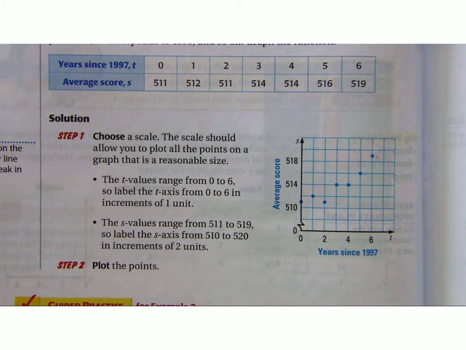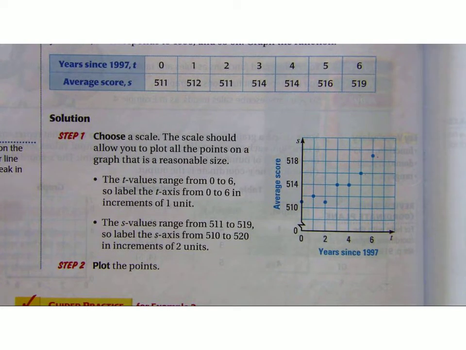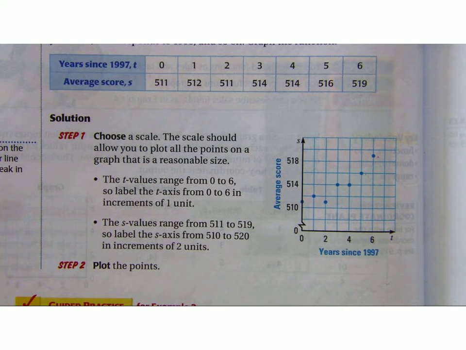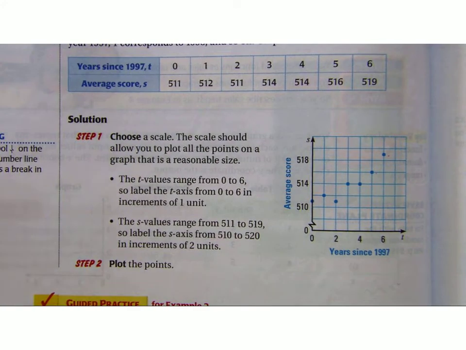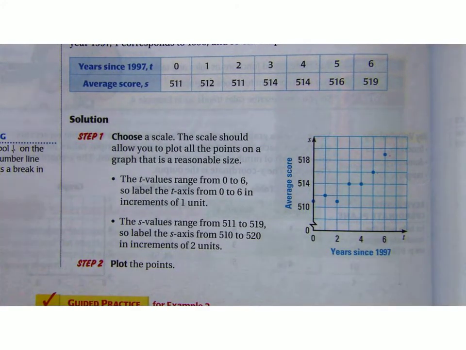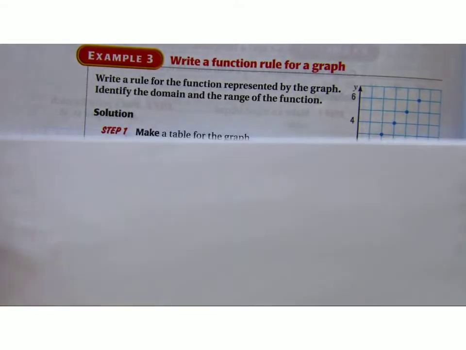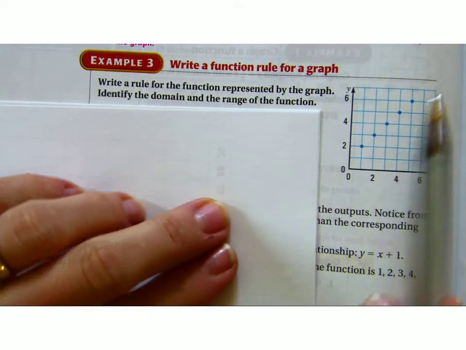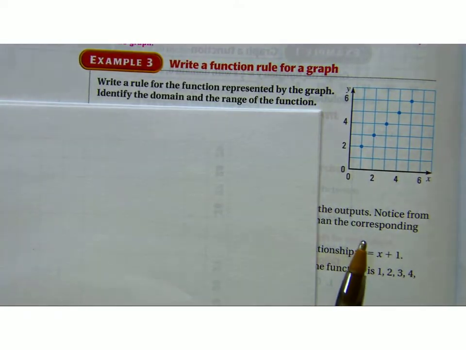Okay. So now here's the next step. I'm going to give you a graph that's already been graphed and ask you to write the rule for it. So let's think about this.